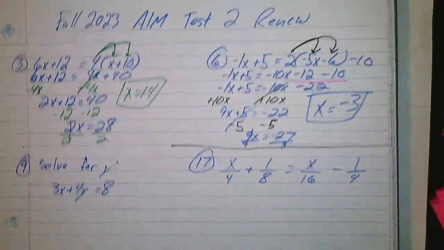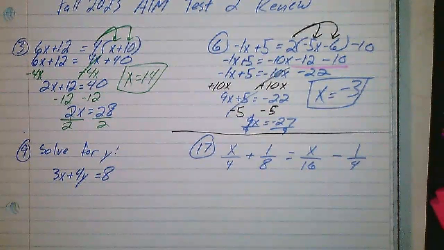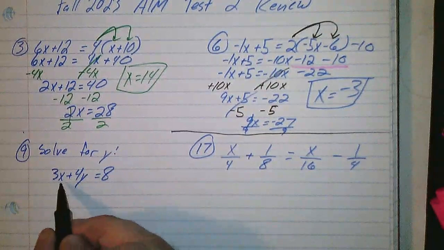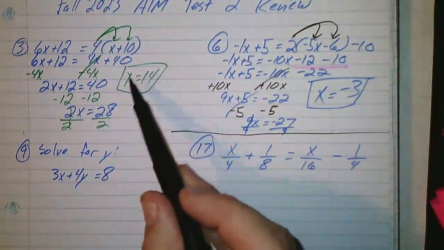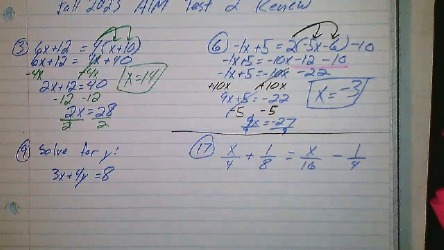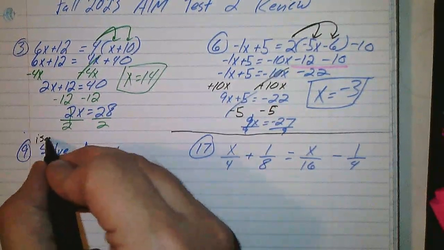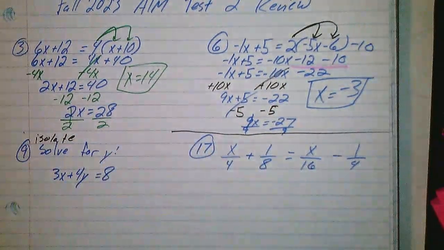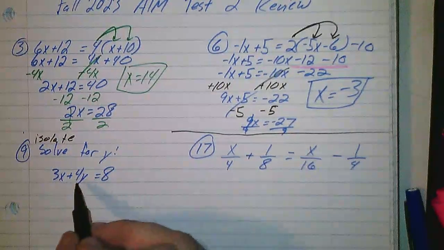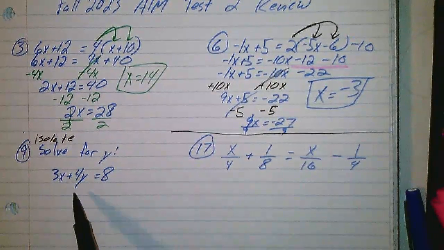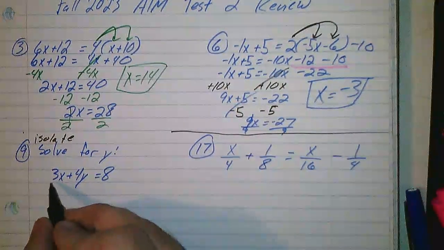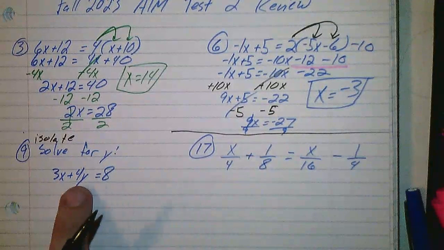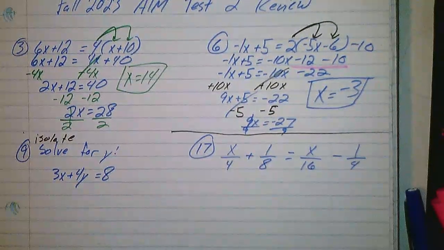Now, solving for y, we have 2 variables here, an x and a y. So we're not going to get a numeric answer like we did on the first problem. All we can do is isolate y. So again, don't divide out this 4 yet, just like an equation. We'll do that at the end. This is a positive 3x. I want to get the 4y term by itself first.